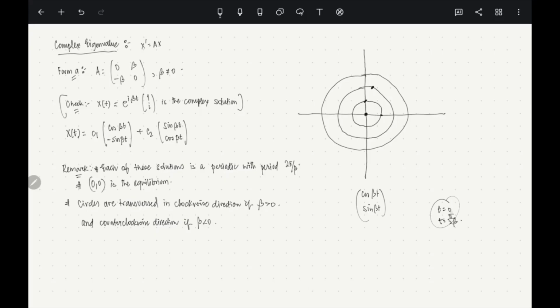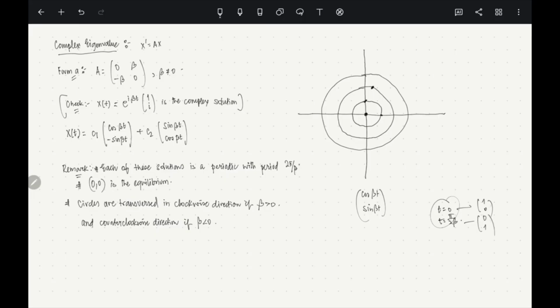So as t tends to infinity, what is happening is this: it is going from 1, 0 to, I hope everything is correct, right? At t equals 0, cosine 0 is 1, sine 0 is 0. So at t equals 0, it is 1, 0. And at t equals pi by 2 beta, beta is positive, this becomes pi by 2, cosine pi by 2 is 0 and sine pi by 2 is 1.